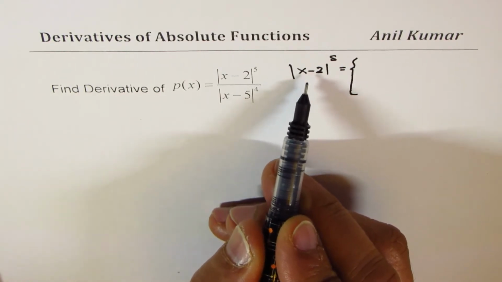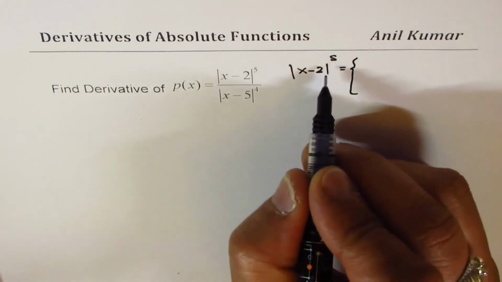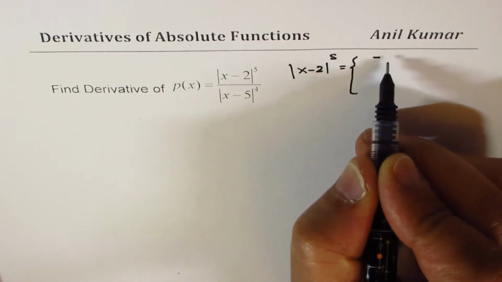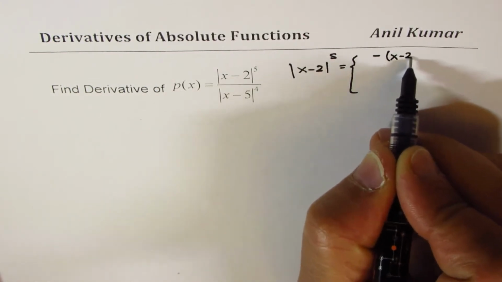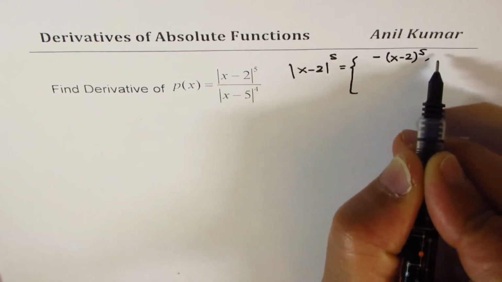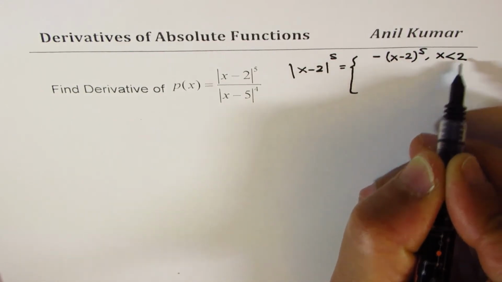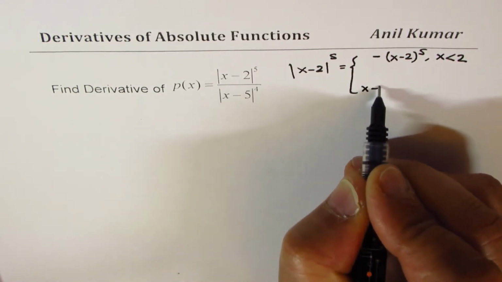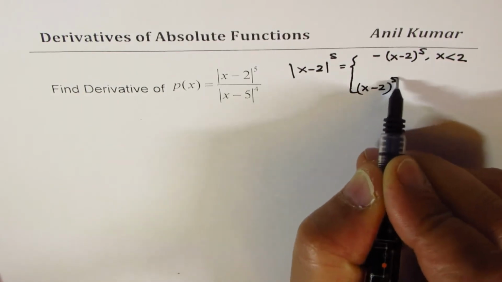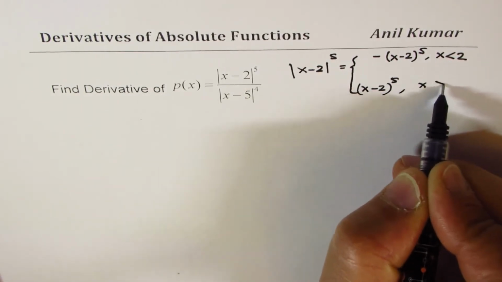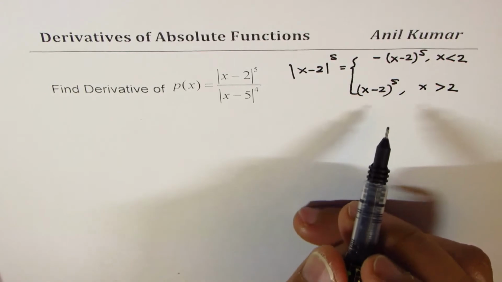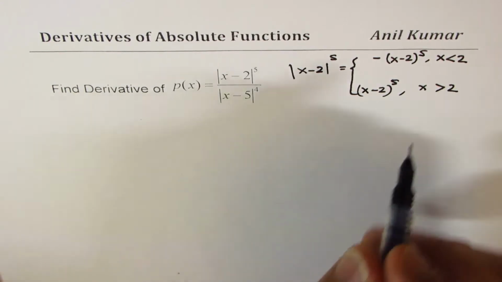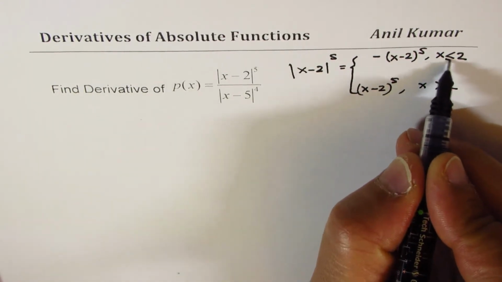So we could write this as minus of (x minus 2) to the power of 5 when x is less than 2, or (x minus 2) to the power of 5 when x is greater than 2, right? So let me for the time being take this as less than or equal to.